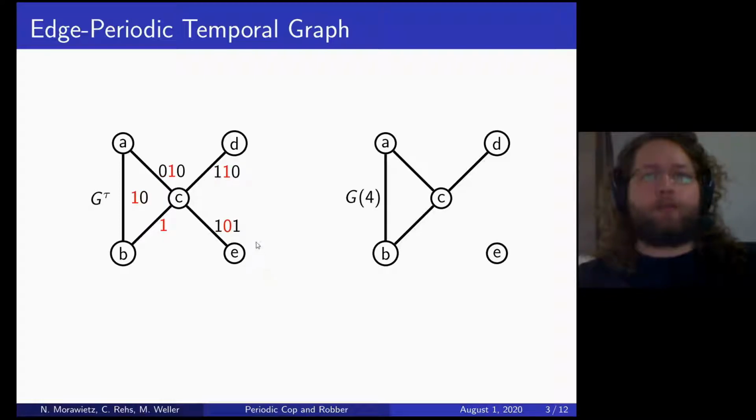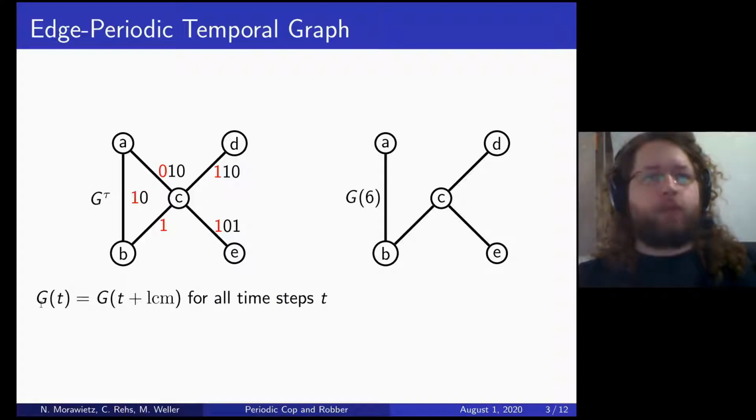And since we always use the modular operation, we can see that at time step 6, the indices are back at the beginning for each of the sequences, so this graph is equal to G of 0. And this comes from the fact that 6 is the least common multiple of 3, 2, and 1, so the lengths of the input sequences, which is always the case.